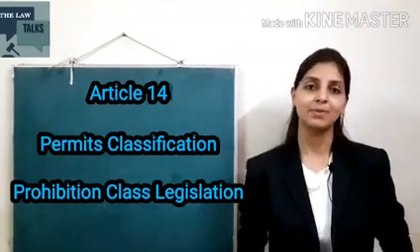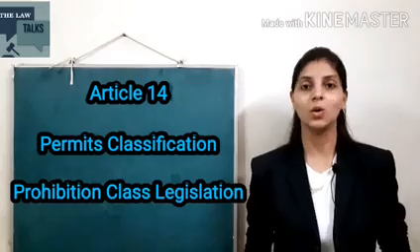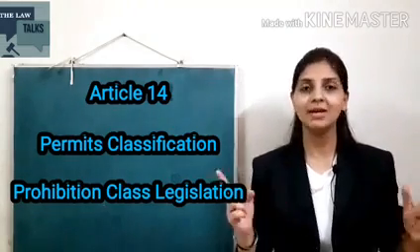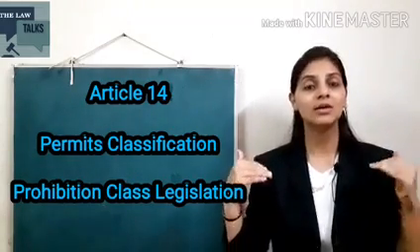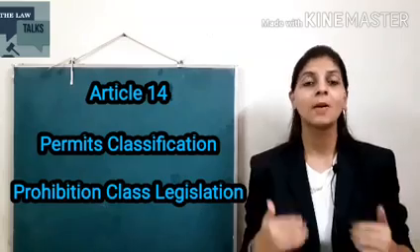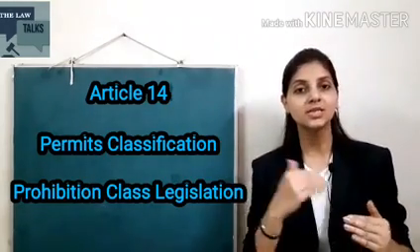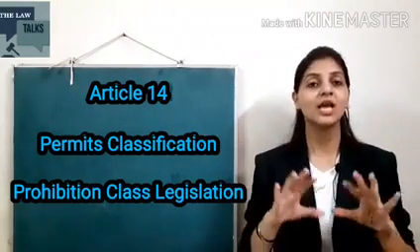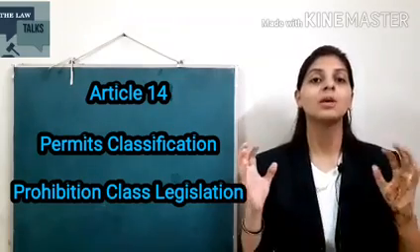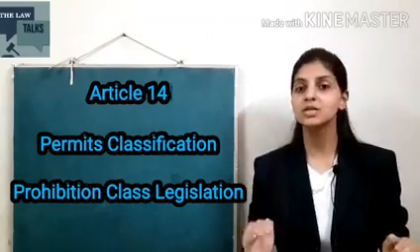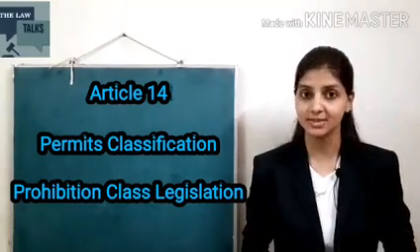Let us take an example. If we made a law, say for example, the parent law, which talks about the right to education. But we also provide for certain laws which give special benefits in education to certain underprivileged sections of the society.